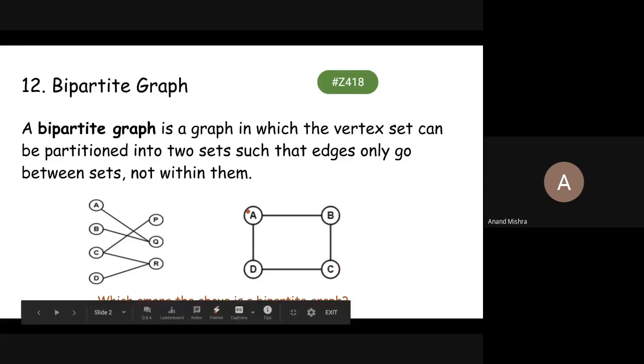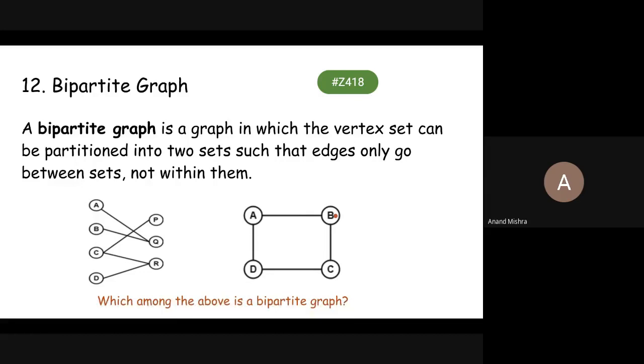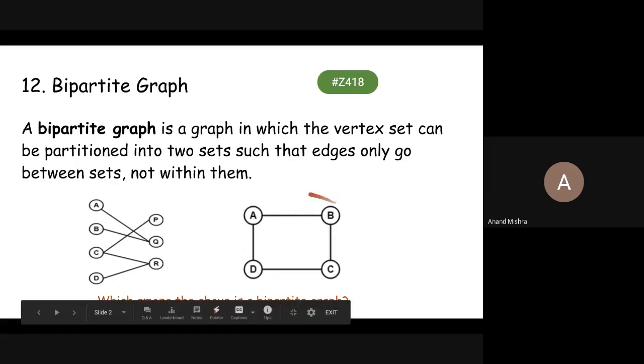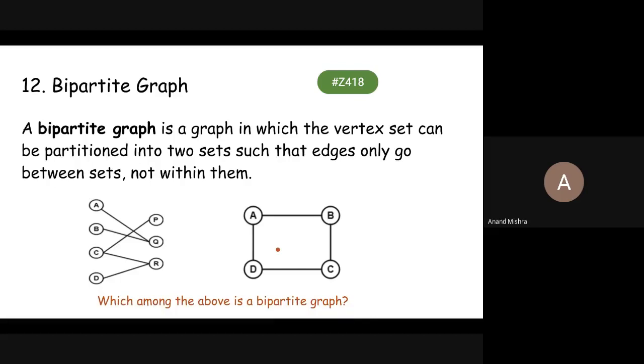So if I define my sets as BD and AC, then this also is a bipartite graph, which is not very obvious if you look, but if you clearly make this distinction, the edges are only between these two sets. Within sets, edges are not there. So the actual correct answer is both these graphs are bipartite graphs.